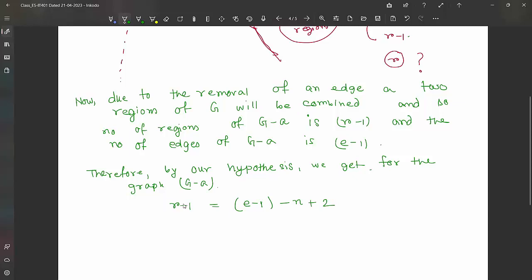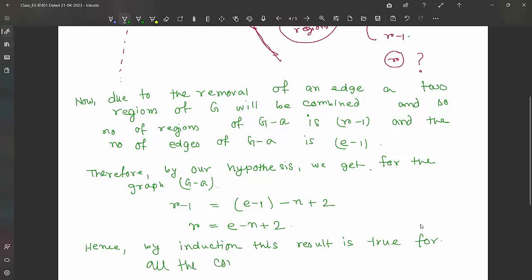Because for the new graph, R minus 1 is the region and E minus 1 is the edges, so we can use the previous theorem here. Now just omit this minus 1 and minus 1, and you will get R is equal to E minus n plus 2 again. And since by induction, we can say that hence by induction, this result is true for all the connected planar graph.